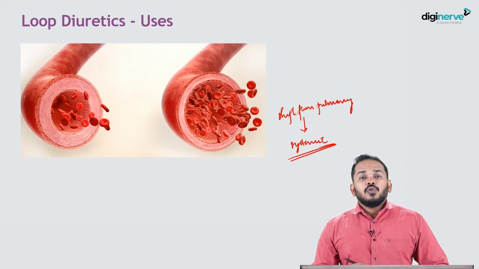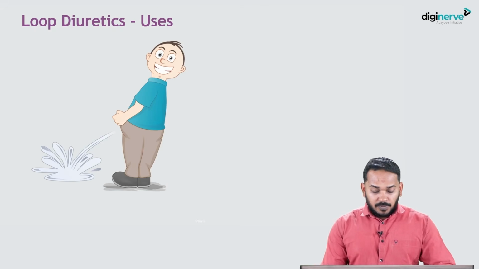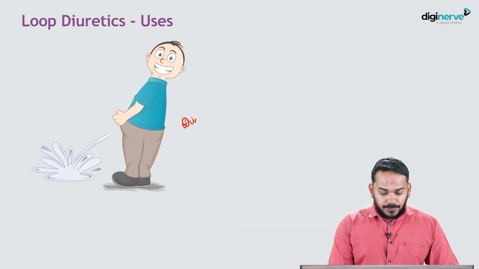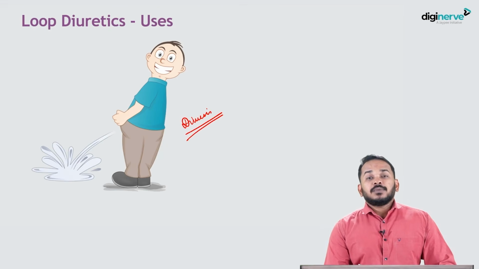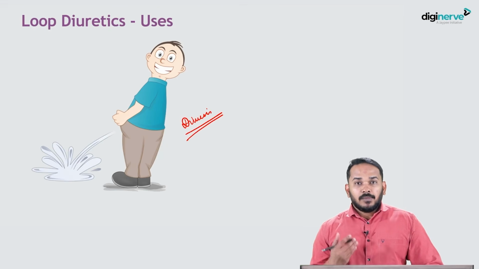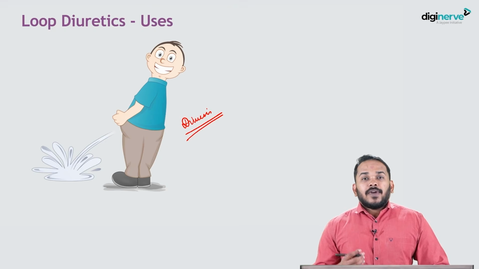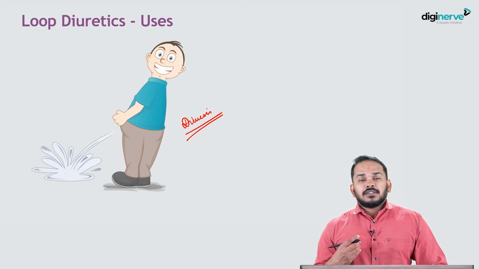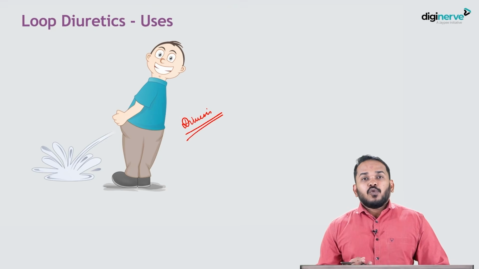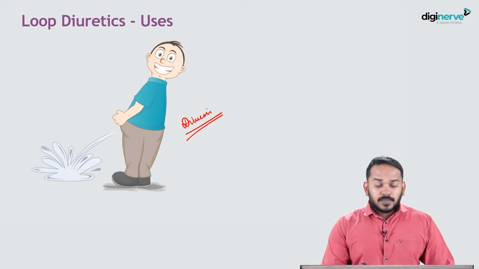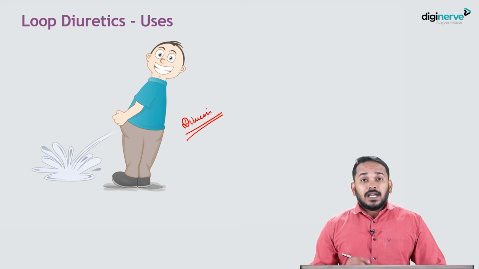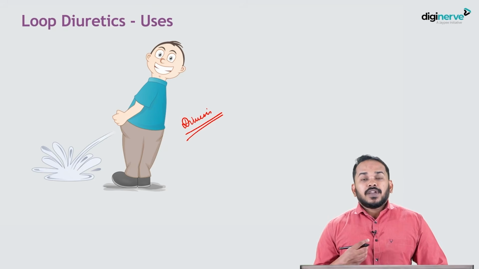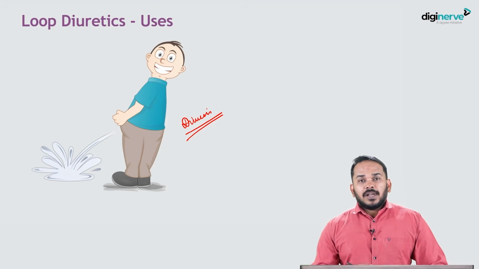Also, the use of loop diuretics will produce diuresis, and this will reduce the plasma volume as well. So when there is vasodilation and a reduction in plasma volume, this will result in reduced formation of edema in the lungs. So it can be used very effectively for the treatment of pulmonary edema.